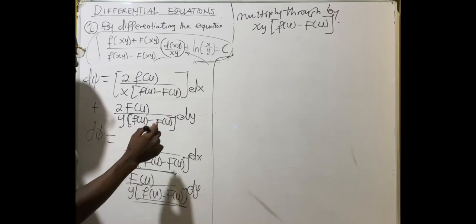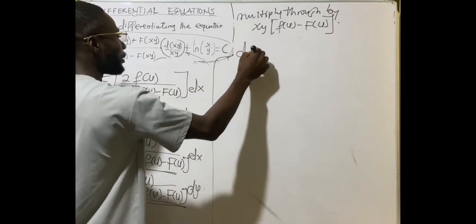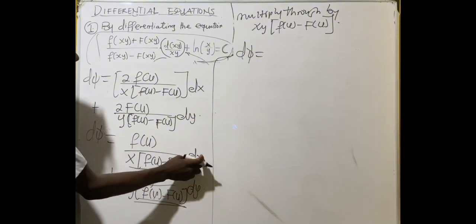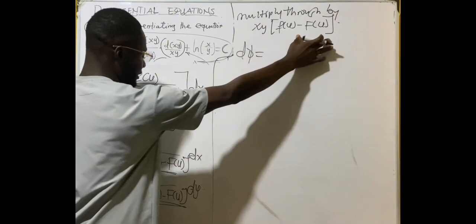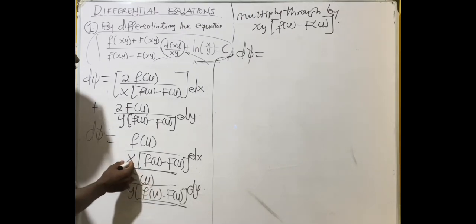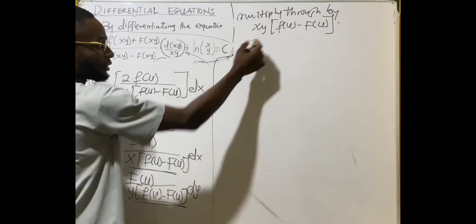When we multiply here by xy of this, the denominator will go off and the x will also go off, leaving only y.